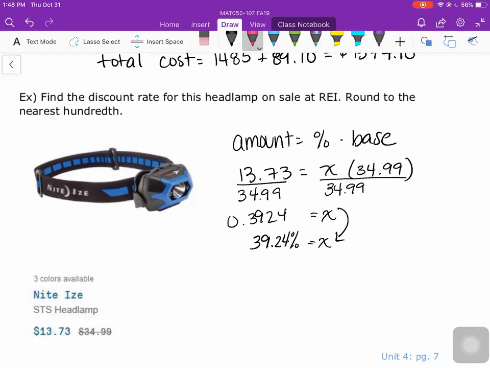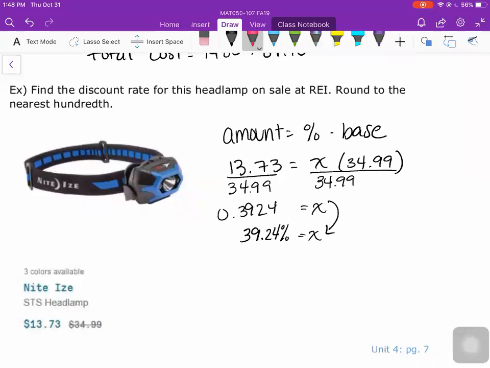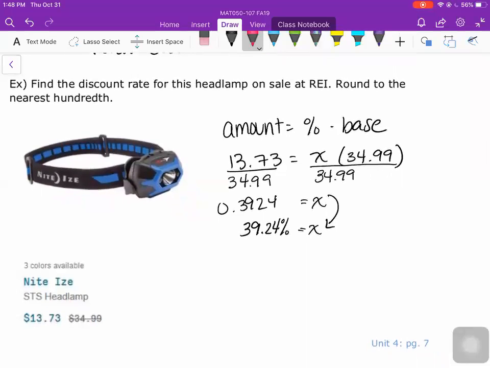With that setup, if I look at this, 13.73 is some percent of 34.99. That's what we found. We found what percent of 34.99 is 13.73. So we figured out what percentage of the original did we actually pay.